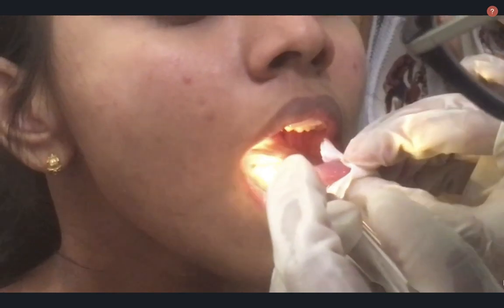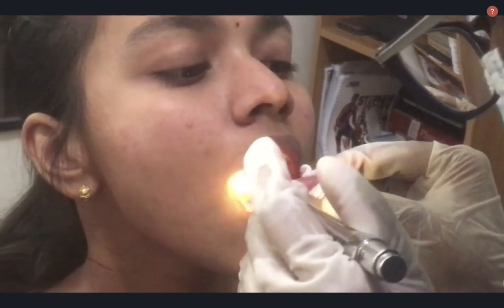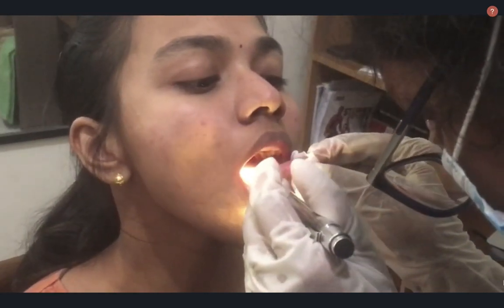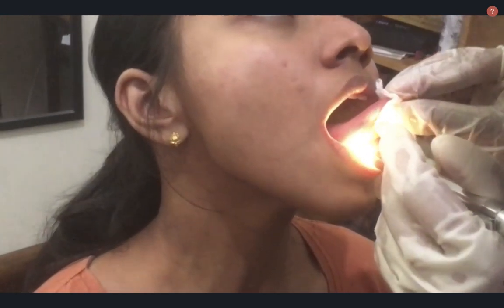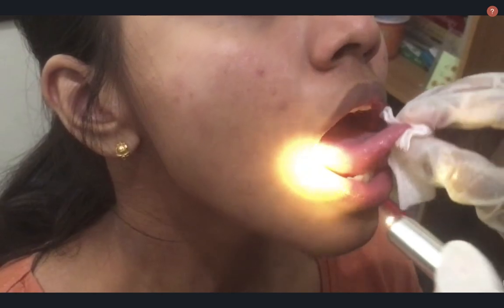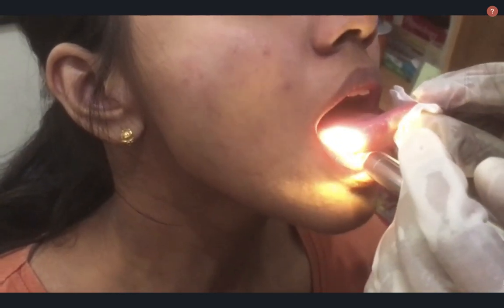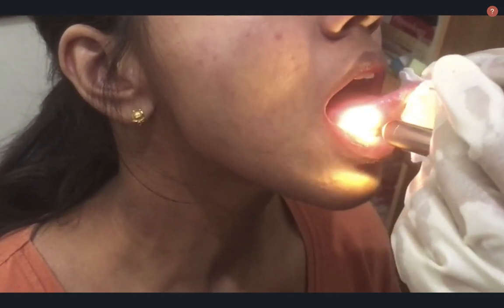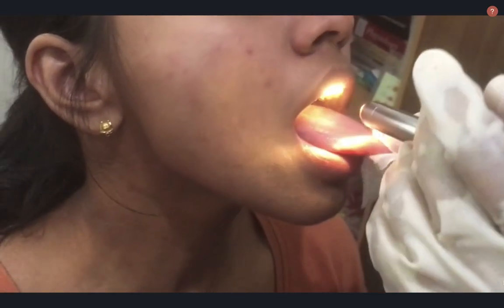Now continue the examination by using a gauze pad. Grab the tip of the tongue, move the tongue to the left side, and then examine the sides of the tongue and check for any whiteness or redness or any ulcerations below the tongue.